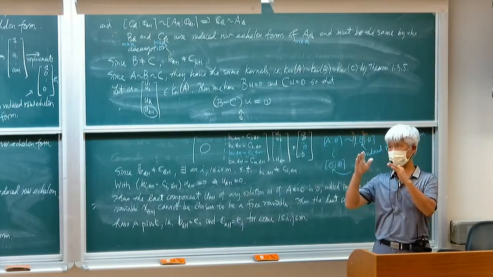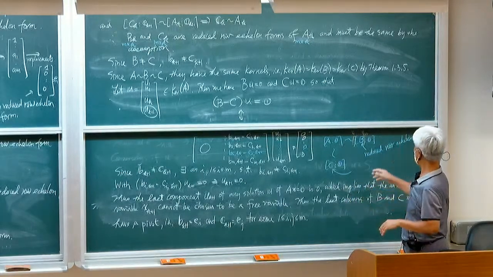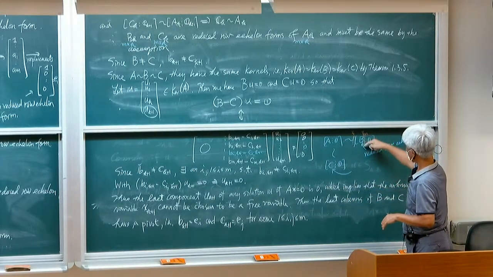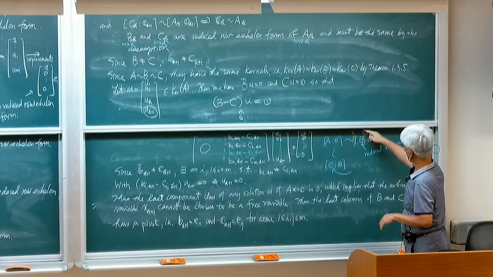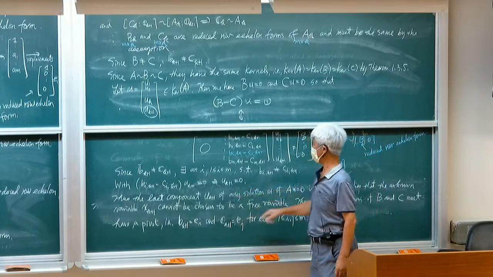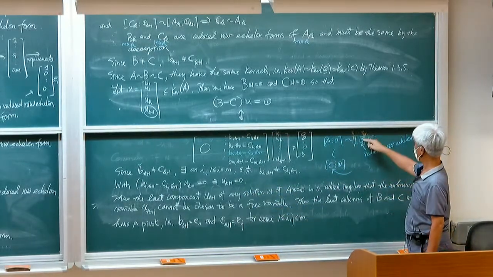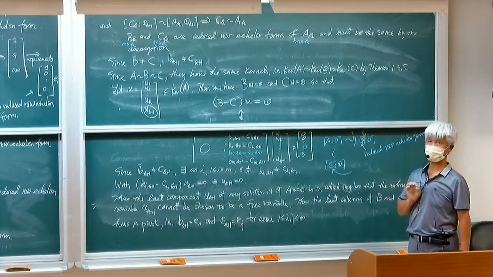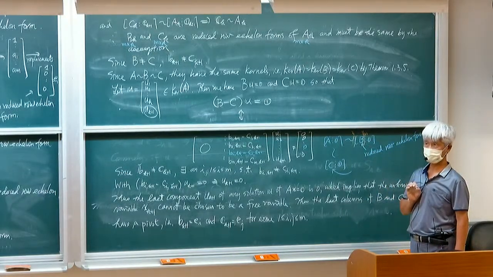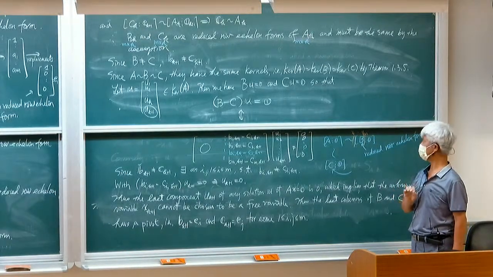Okay, this is at the beginning of today's lecture, right? And because the last component should be 0, it cannot be selected to be free. So that's why this column should have a pivot, because it becomes dependent.